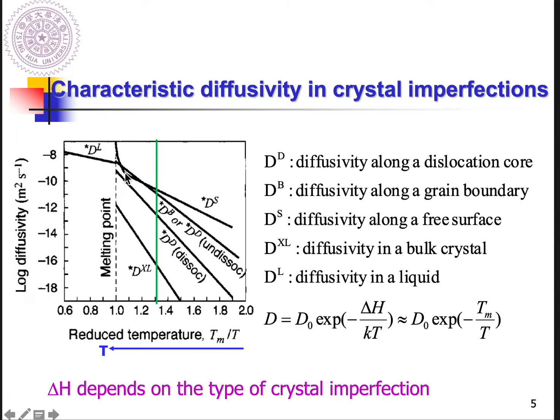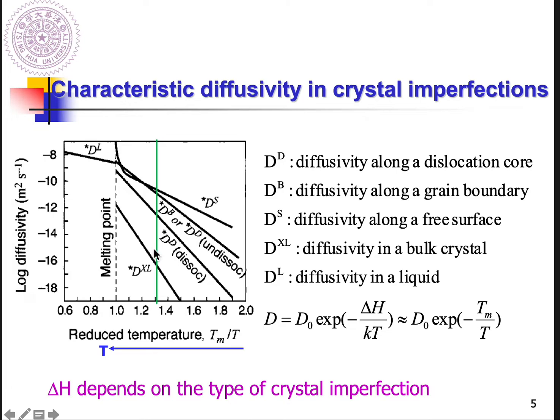However, if the data you got is a curve that can be fitted into two straight lines, that means what? During your interesting temperature region, there are two possible dominant diffusion paths. And based on the slope, because you know the slope corresponds to delta H over k, you can simply get the energy term.